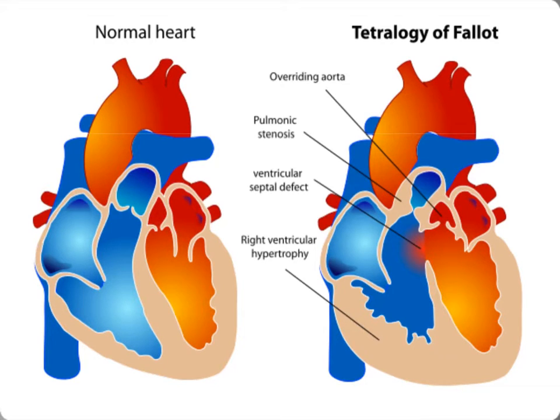I want to say 666 in the separated book, and it is on page, where is it at? Tetralogy of Fallot. In the combined book, it is on page, I always lose this one when I'm looking for it.